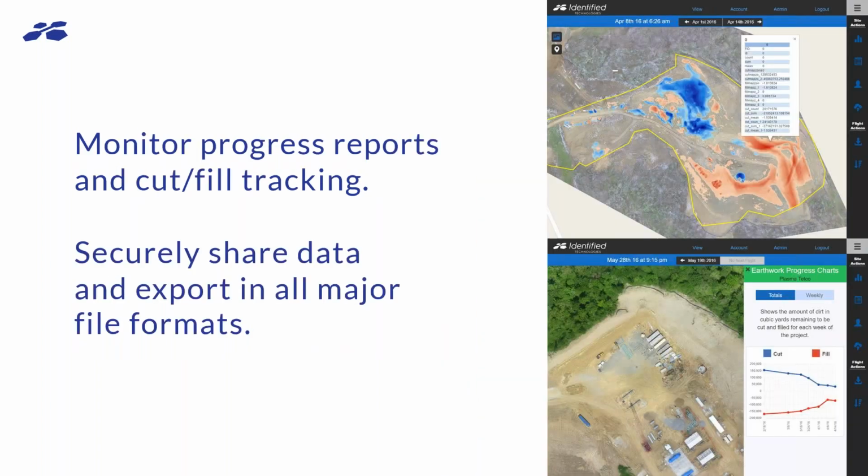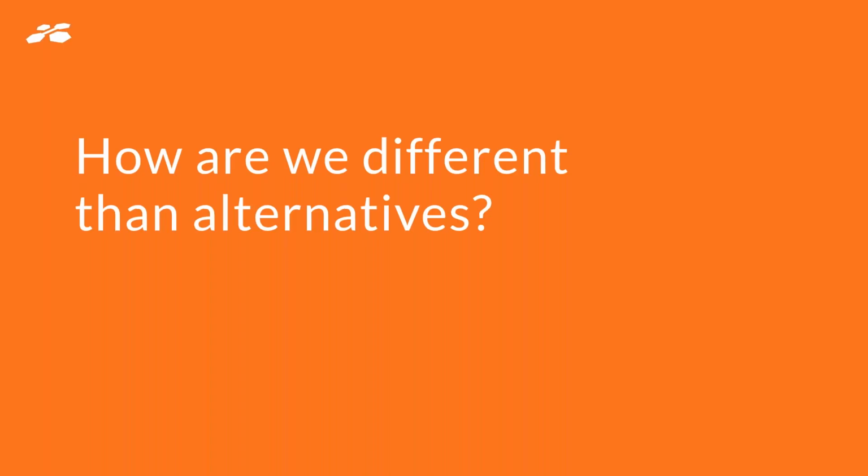Our tools also let you monitor progress reports and cut and fill tracking, not just on earth-moving projects, but also for things like right-of-ways and anything where you want change detection over time. We empower you to securely share your data and export in all major file formats if you either want to back up in other systems or do post-processing on your own software.